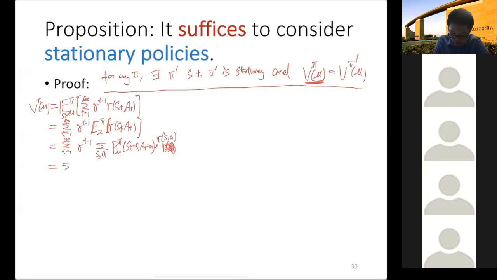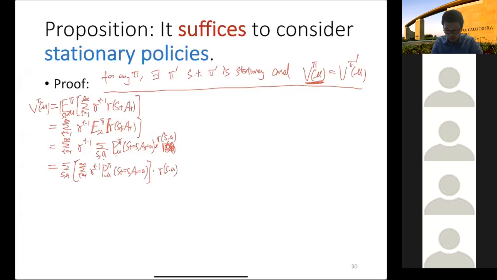Let's pull this summation over S and A to the outside. Then we have the sum over t from 1 to infinity, gamma^(t-1), and the sum over S_t equals S, A_t equals A, multiplied with R(S, A), and let's group the middle term together.